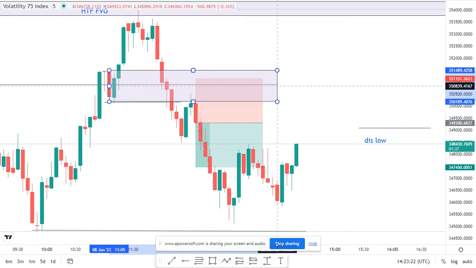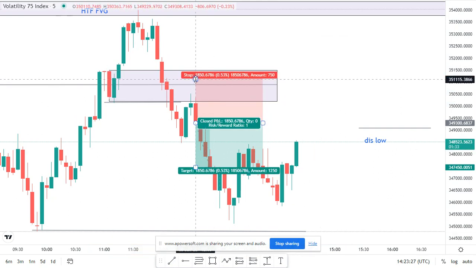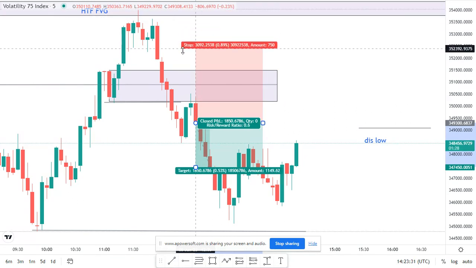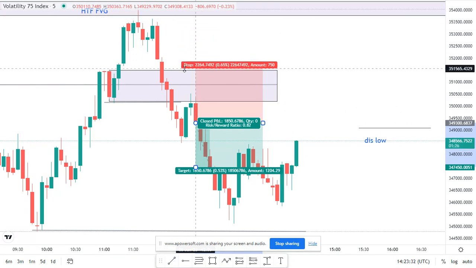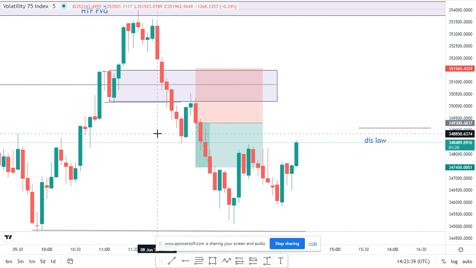This breaker is holding. So there's no need to put your stop loss all the way above the displacement high. You can put it above this zone, since it is confirmed already. Right? It's confirmed.